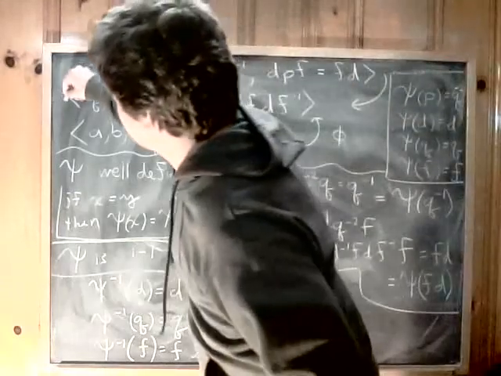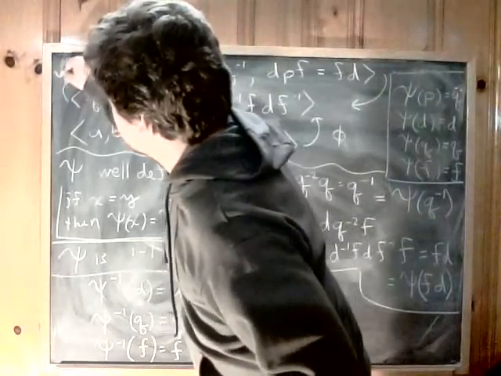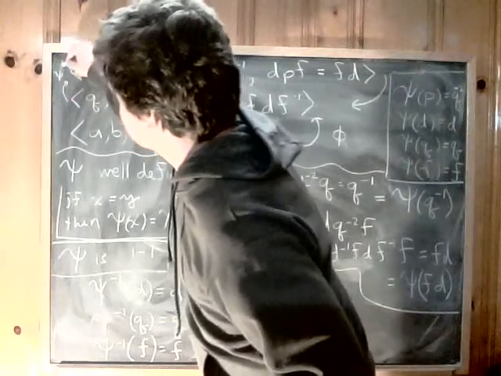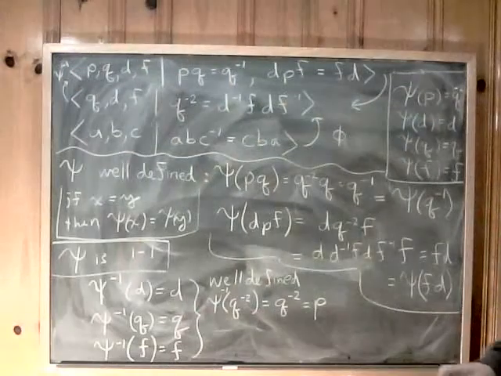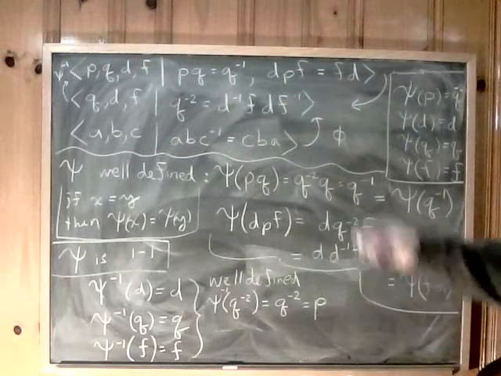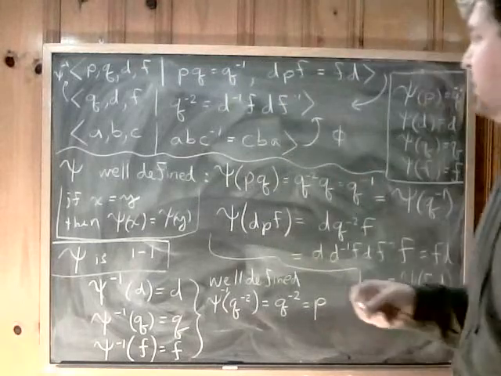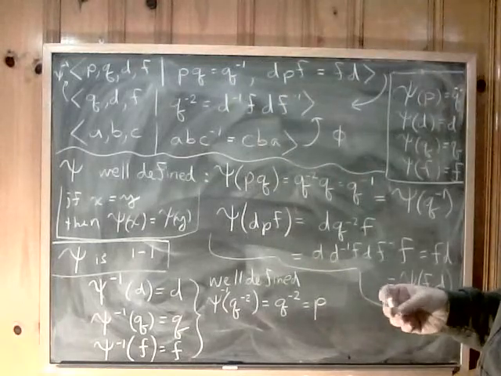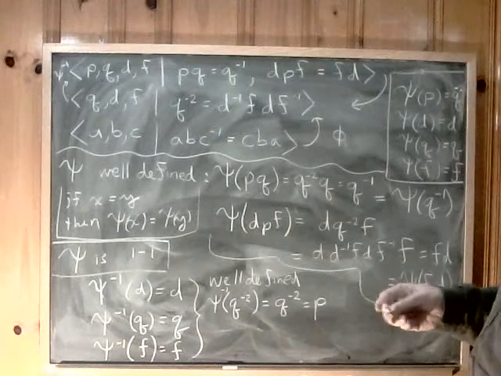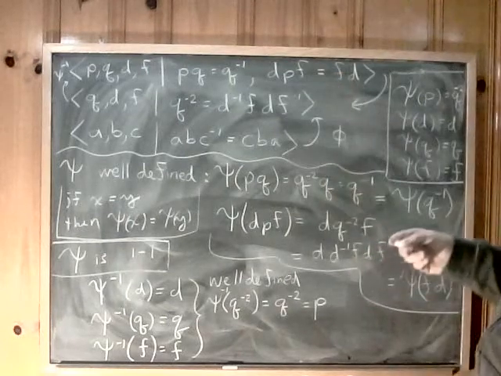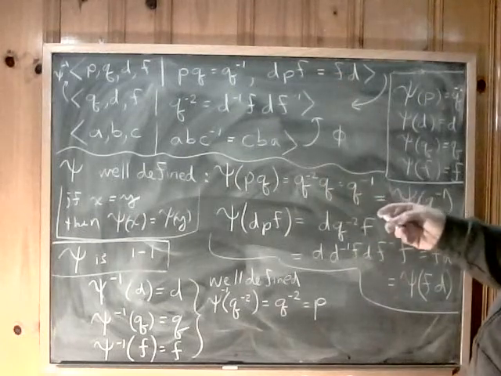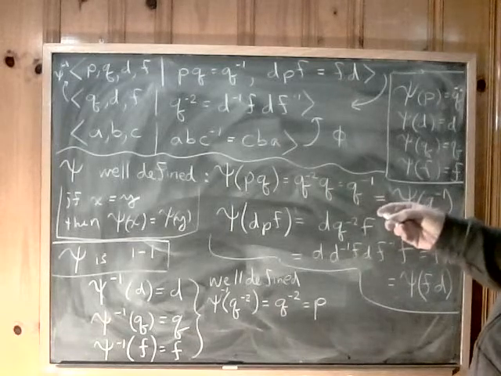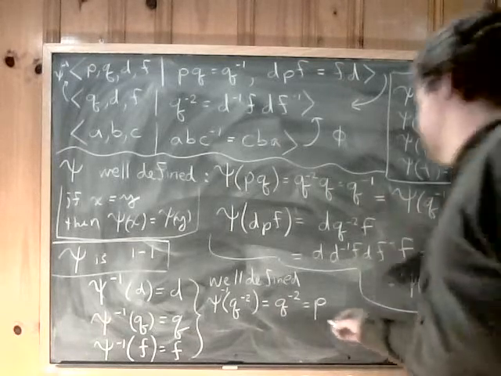You could put that there if you want. C inverse goes that way. So in the top group here, in the first one, p is equal to q to the negative 2. But it's also equal to, using the second relation, multiply on both sides by f inverse on the right and d inverse on the left.